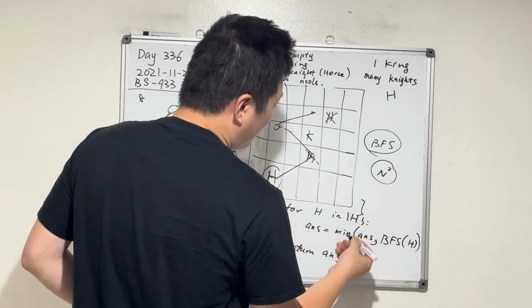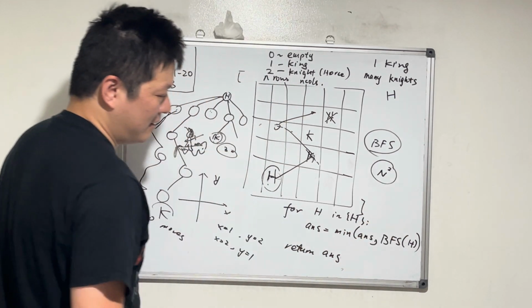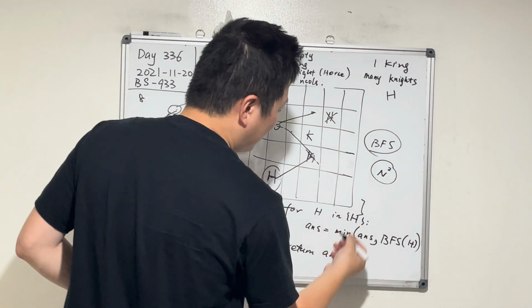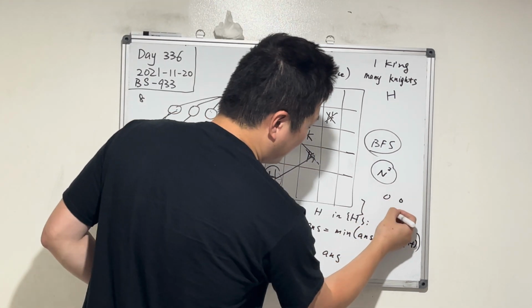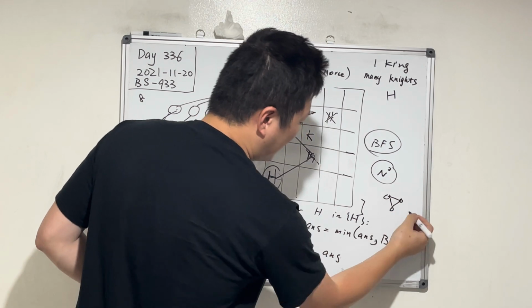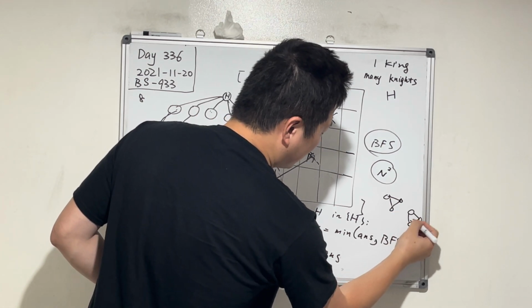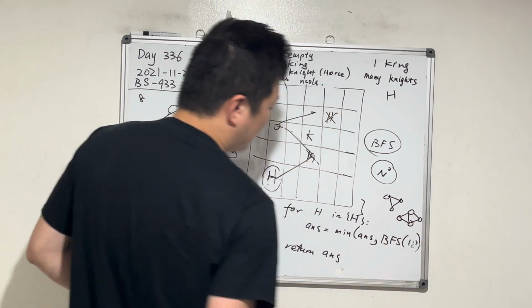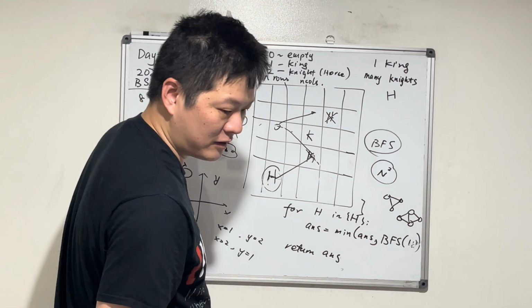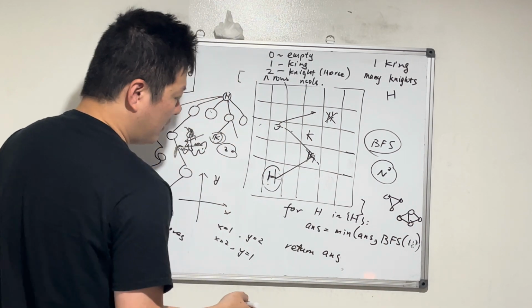Then how many edges are there? How many edges for 3 vertices? Do you still remember this?